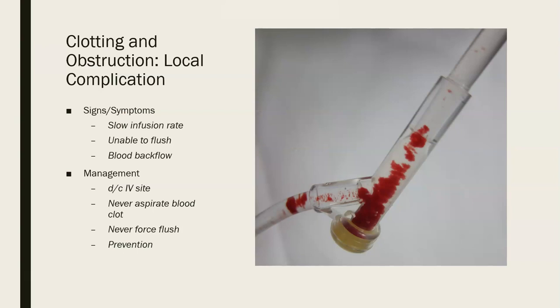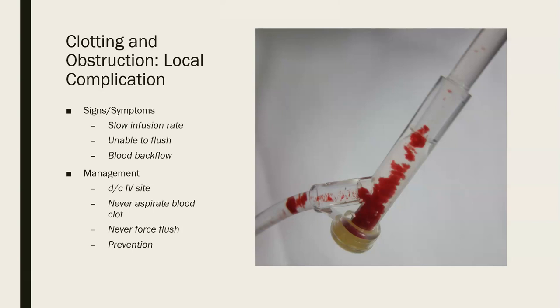Okay, and then lastly, we're going to talk about clotting and obstruction. This can happen within the IV tubing or at the end of the catheter. If this does happen, you're probably going to be unable to flush. Your IV might quit running as fast as it should or quit running altogether. It may cause some blood backflow.